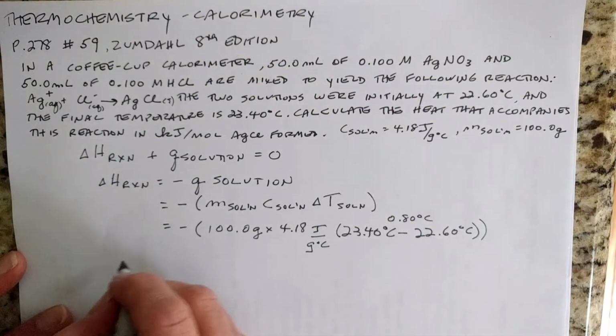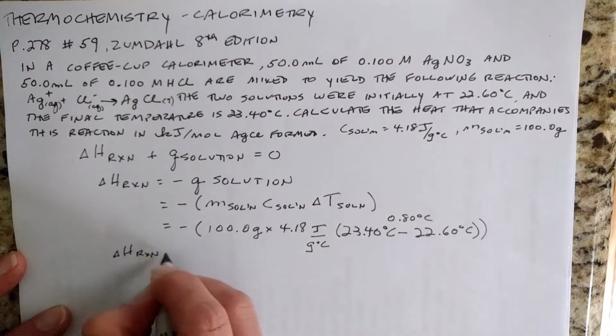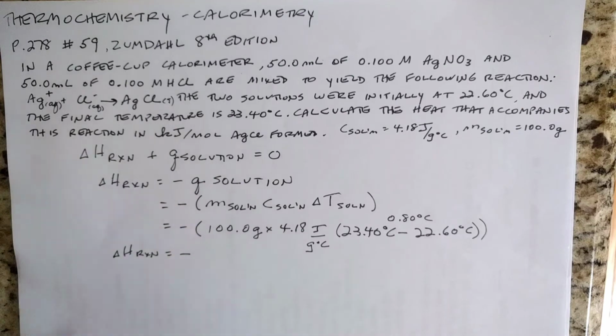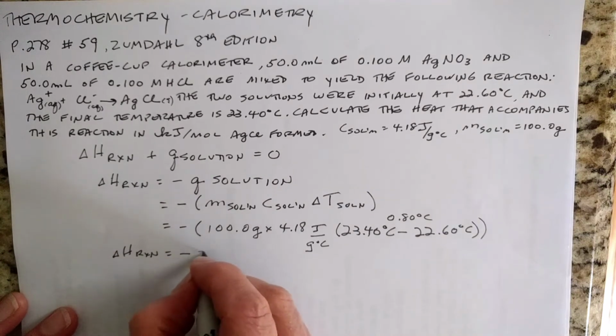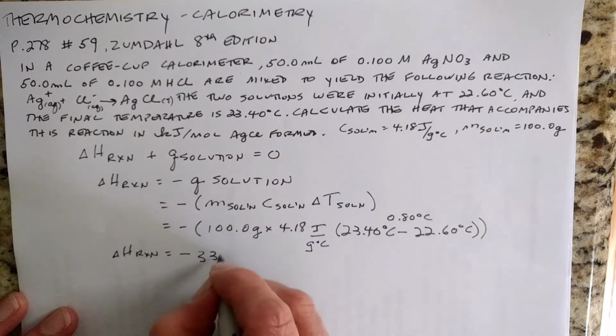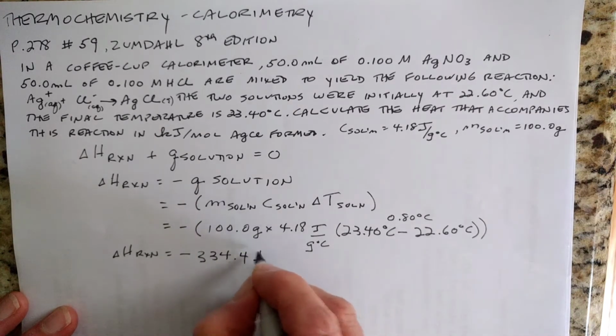So now we do our calculation, and we get the delta H of the reaction is equal to negative 100 times 4.18 times 0.8 equals negative 334.4, and our unit is joules.